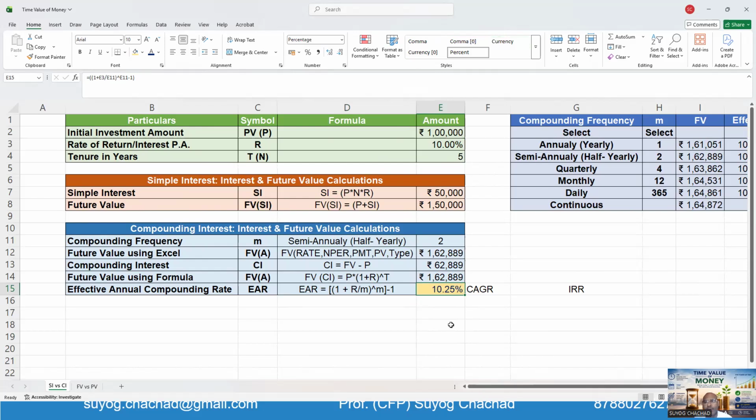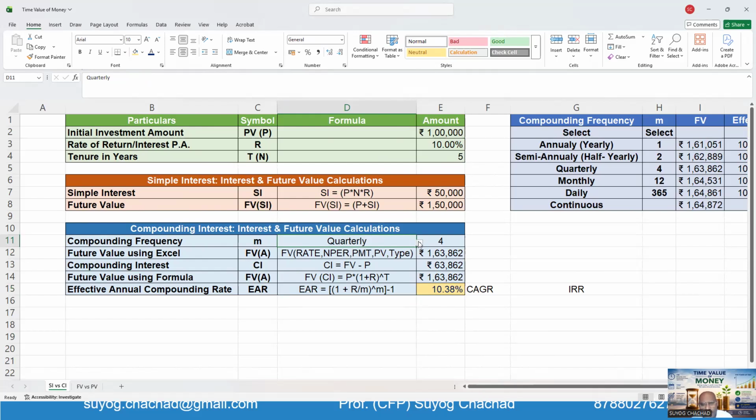That means if your compounding frequency changes, you'll get certain extra returns. If you change it further to quarterly, it will give you some additional interest rate or your CAGR. EAR is nothing but your CAGR, the compound annual growth rate, or IRR.